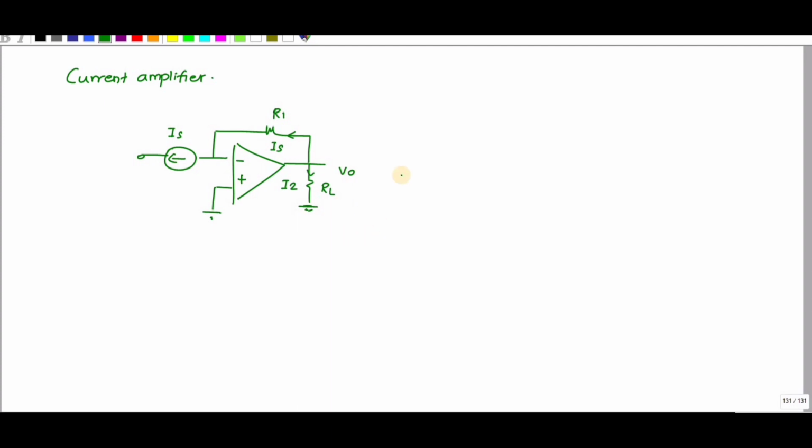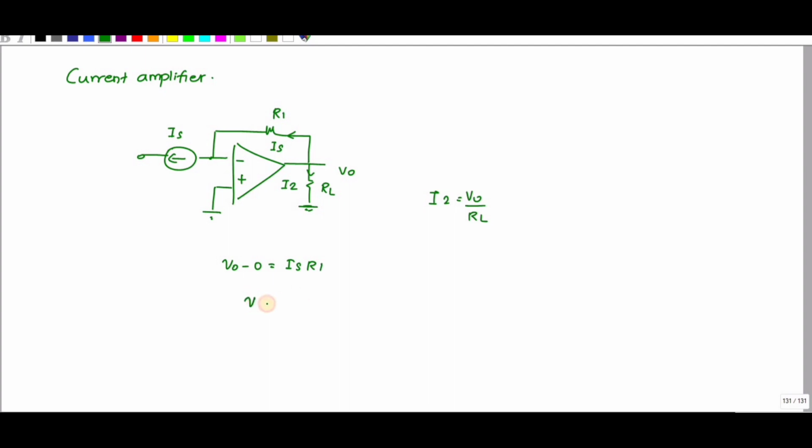Since the load resistance is added to the circuit, I can write I2 is equal to V0 by RL. What is V0? The current is flowing in this direction, so V0 minus 0 is equal to IS R1.